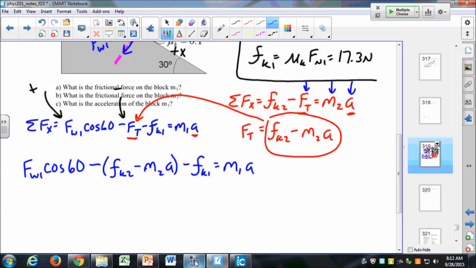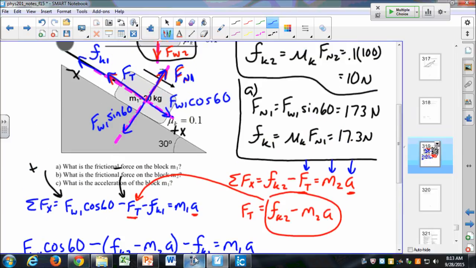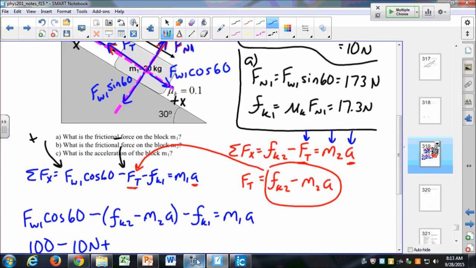All right. Now I can start putting in some numbers. I know all these values except for the acceleration. FW1 is 200. So this is going to be 200 times a half, which is 100, minus FK2, which we've already found, which was 10 newtons, plus M2A.